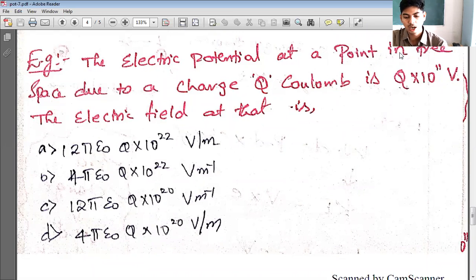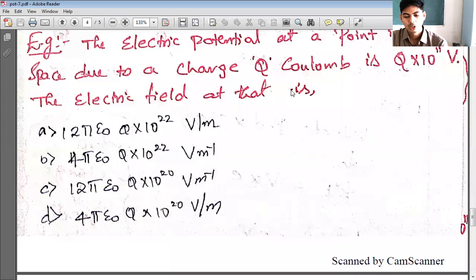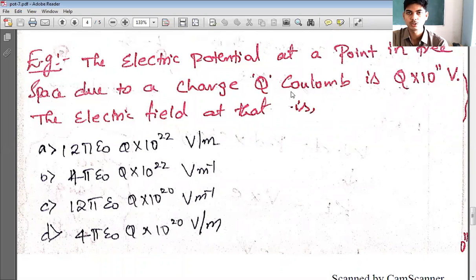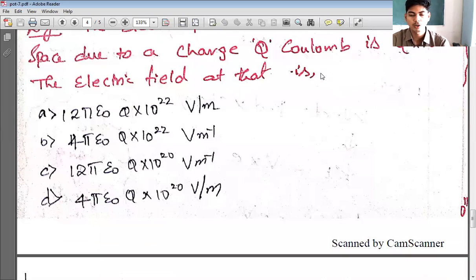Electric potential at a point in free space due to a charge q coulomb is q into 10 to the power of 11 volts. The electric potential at a point due to a charge of q coulomb is given. You need to find out the electric field at that point.